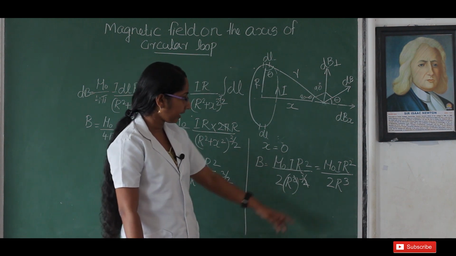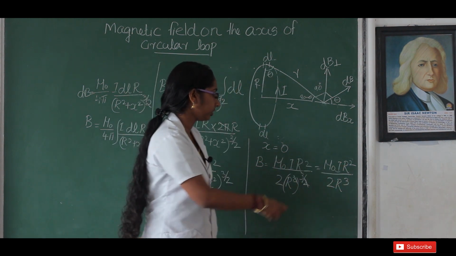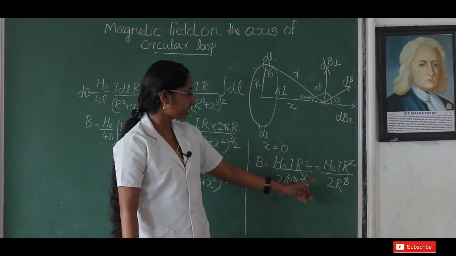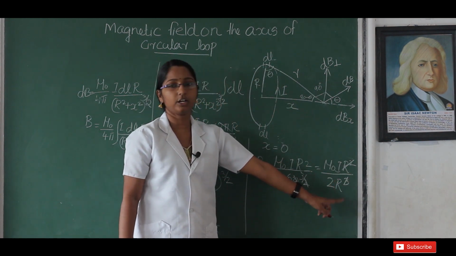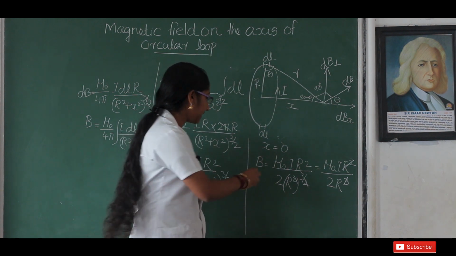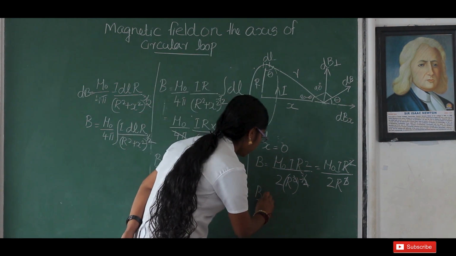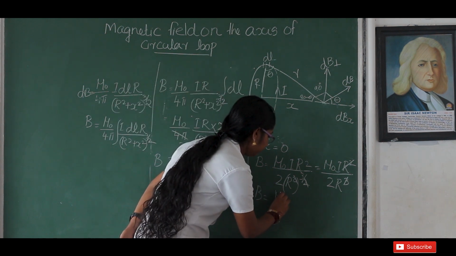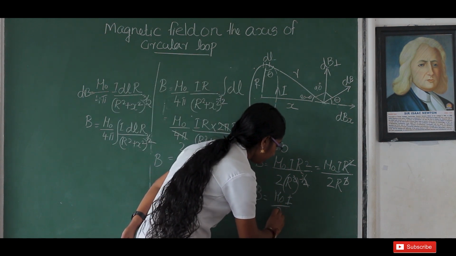Then again we can cancel r square from both numerator and denominator. Then it becomes mu 0 I by 2r. So at the center of the circular loop, the magnetic field is mu 0 I by 2r.